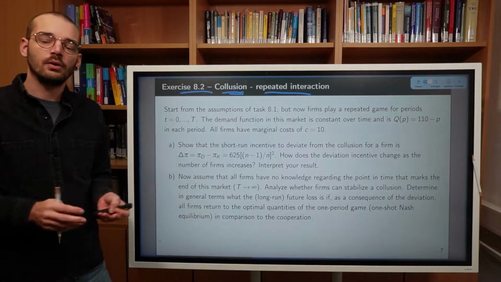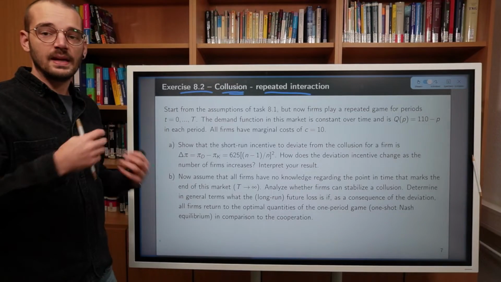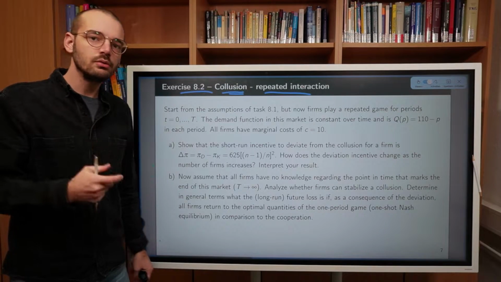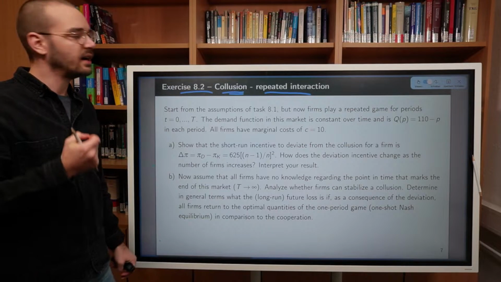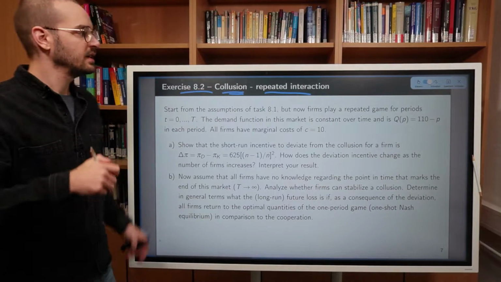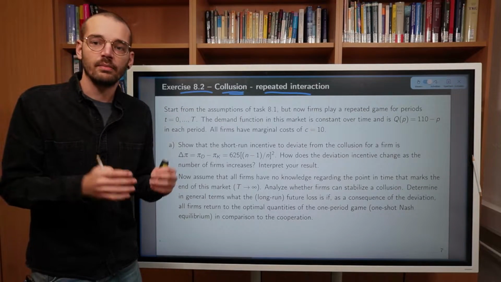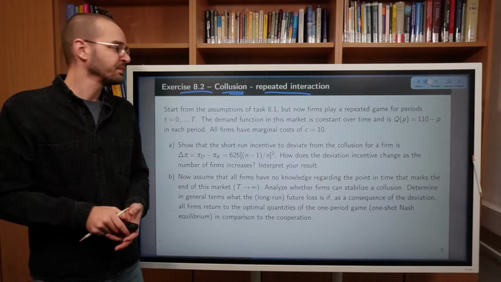So we are now considering the same world, the same model, the same competition, with one crucial difference, and that is we are dropping the assumption of this game being a one-shot game, right? Instead, we are now considering what happens if we have multiple periods.